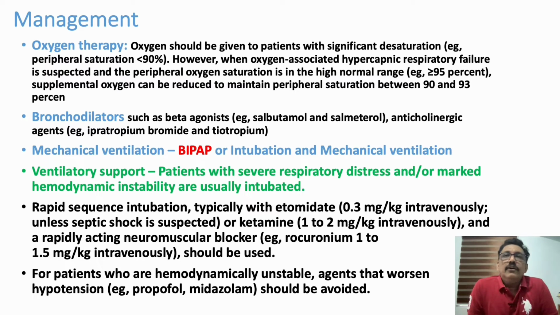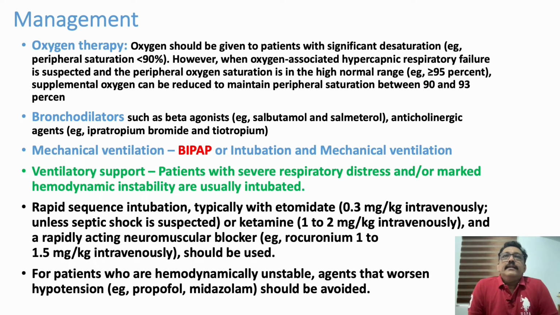Whatever it is, oxygen is the most important therapy initially. So you keep the patient in a propped up position. In most breathlessness we keep the patient propped up. Then give oxygen. Oxygen can be given by various methods: nasal cannula, venturi mask, or face mask, BiPAP ventilation. Whatever way we give oxygen, that will benefit the patient initially.